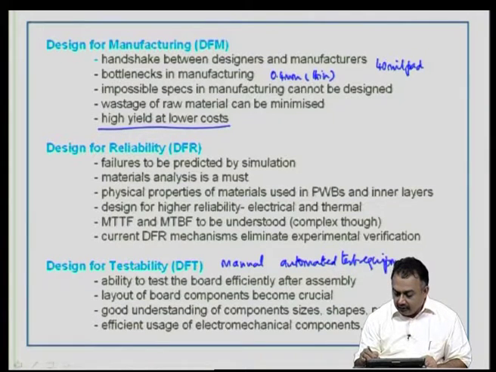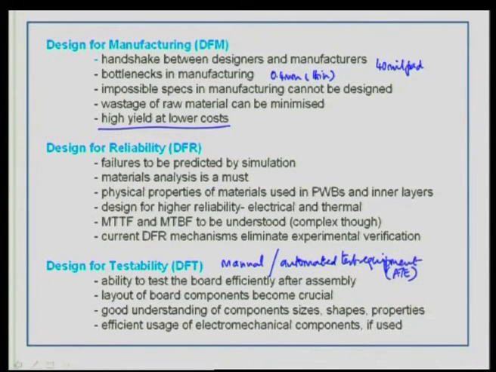So, today some people do manual testing, some people do automated testing for assembled boards. In automated testing, people use X-ray, in some cases acoustic microscopy, and in some cases other methods to look at the various components if there is a failure, or after some thermal cycling, or after certain exposures of these printed circuit boards.